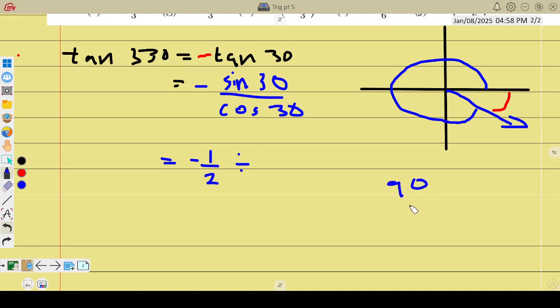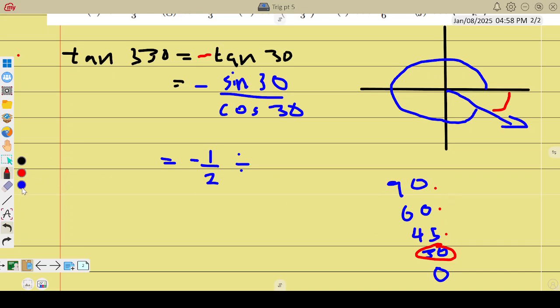So we have this: 90, 60, half of 90 is 45, half of 60 is 30, and 0. So for cos 30, we're looking at this. For sine, we counted the numbers below 30, it is 1. For cos, how many numbers are above 30? It's 3.